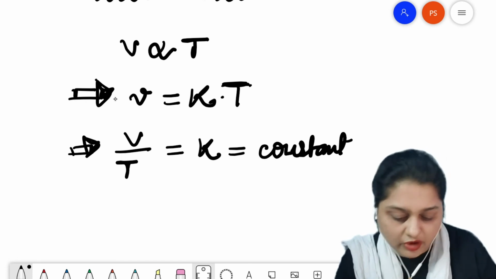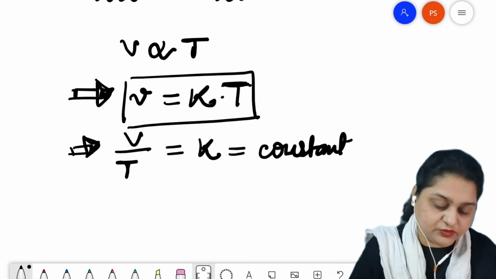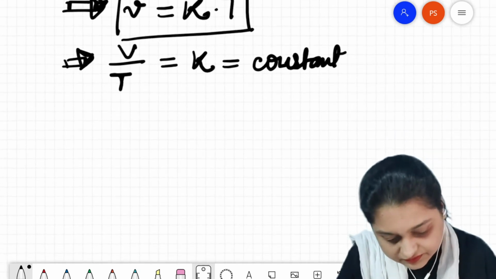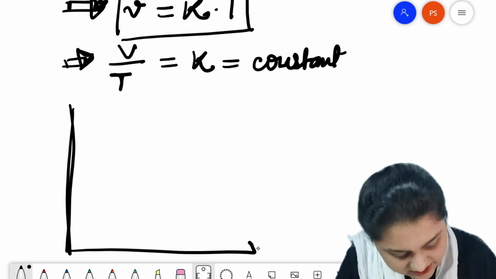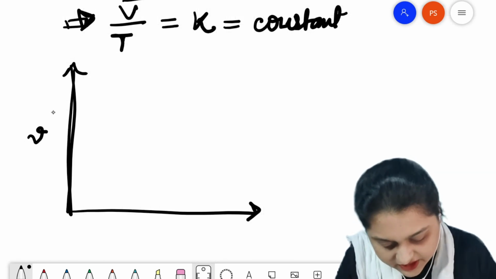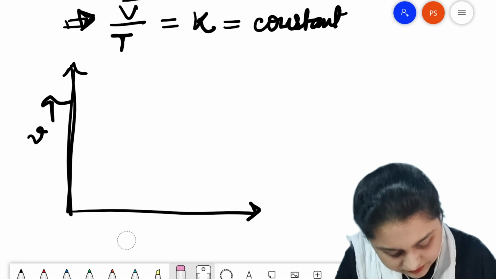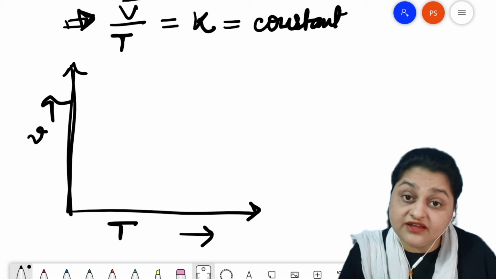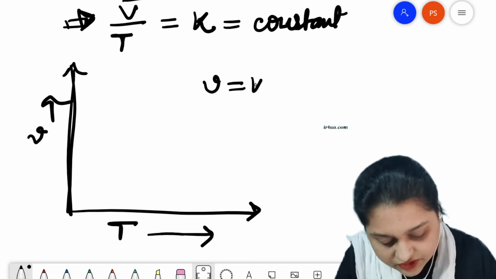Now to plot this graph, we are going to take the help of this particular expression. Let's draw the plot. This is the y-axis and this is the x-axis. The y-axis is going to be the volume axis and the x-axis is going to be the temperature axis, but in this case taken on the Kelvin scale. Now the mathematical expression is V equals KT.